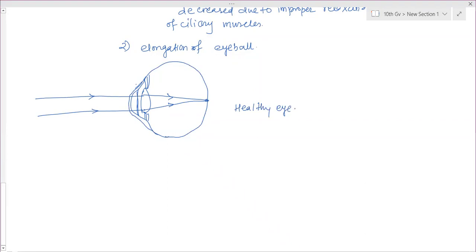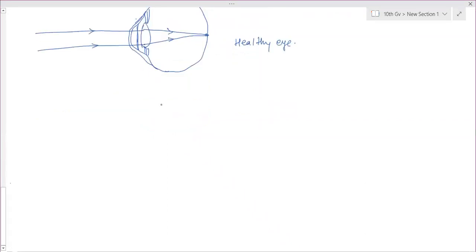Now the defected eye. This is a changed far point.